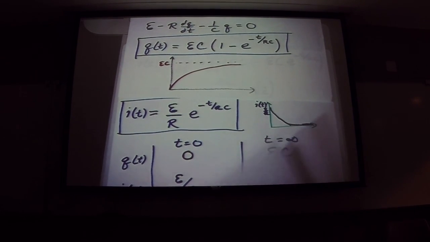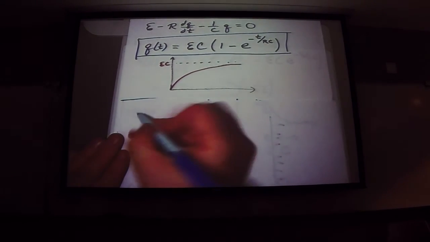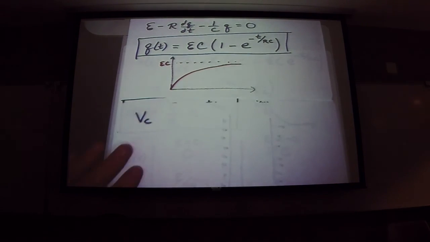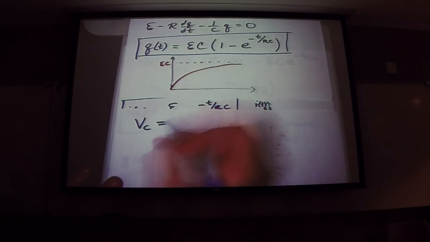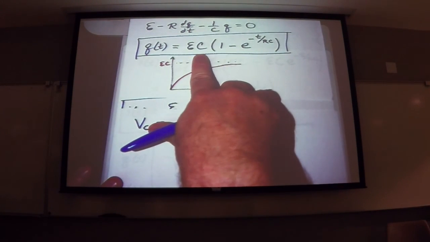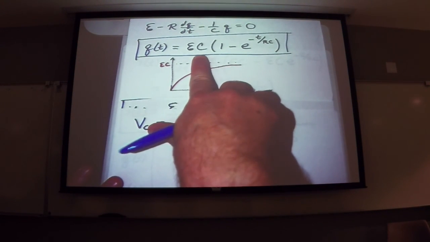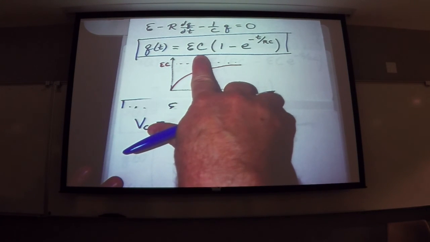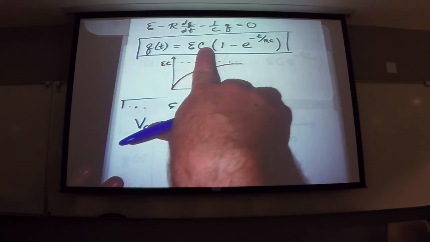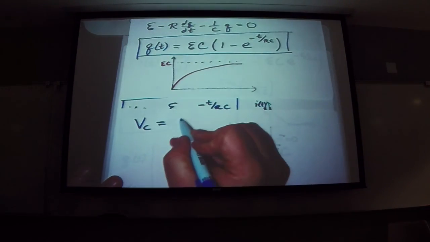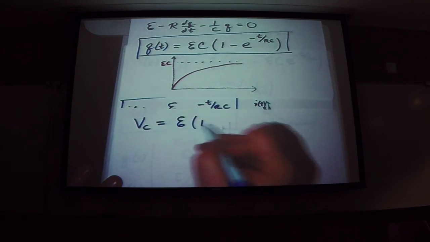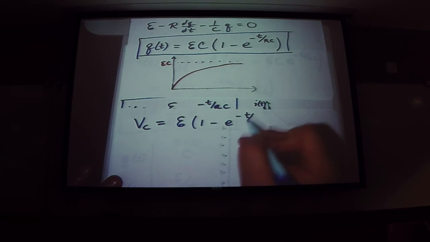Voltage across the capacitor is Q over C. So if I take this top equation and divide it by C, the C cancels, and you just have the E. So this top equation simply is E times 1 minus e to the minus t over RC.